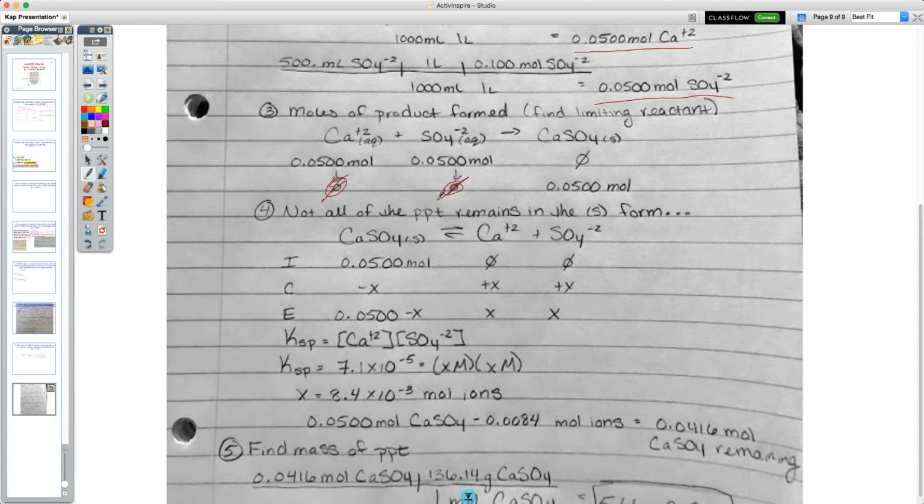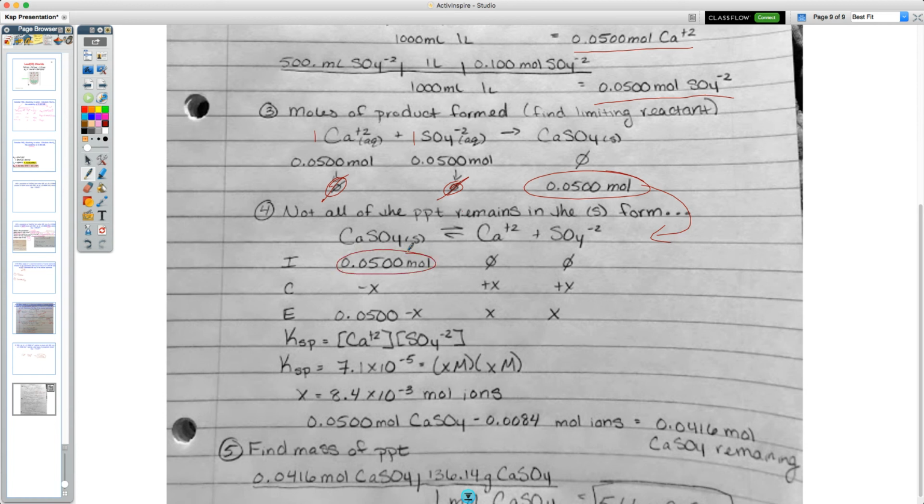Because they're equimolar and they're 1-to-1, they're going to react completely with each other, cranking out 0.0500 moles of my precipitate. The problem with that is this is actually an equilibrium expression. So not all of my calcium sulfate is going to stay undissolved. It's slightly soluble, so some of it is going to come out of solution.